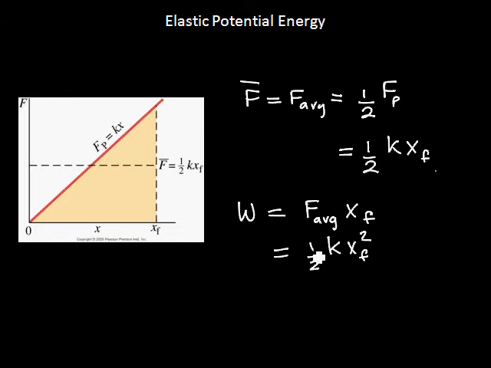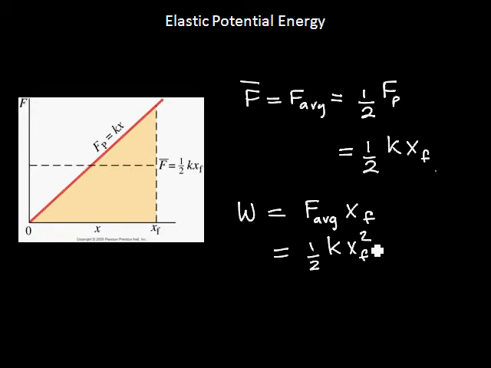Now, according to the work-energy theorem, if nothing else was going on, that work would have resulted in a change in kinetic energy of the spring. But that's not what's happened because something else was going on. The pulling force of the spring was in the opposite direction, so the spring itself did negative work.